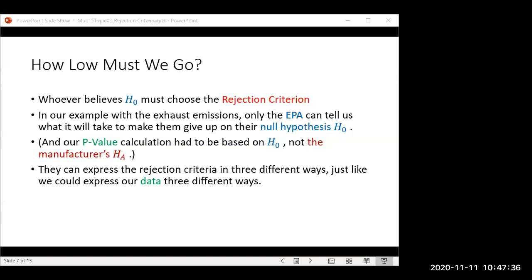So you've got to work within their worldview, using their hypothesis to do your calculations, and then show the conflict between that and the data. So we had three ways to say how low is our sample mean. Similarly, they have three ways that they could express how low would be low enough to reject the null hypothesis.